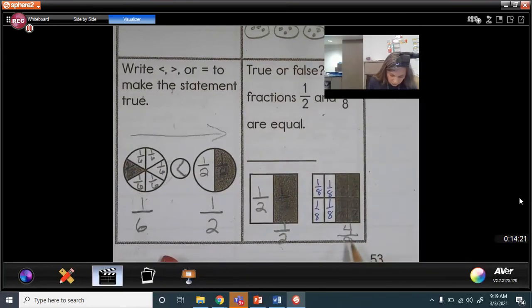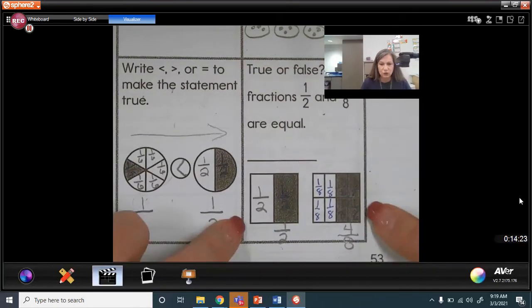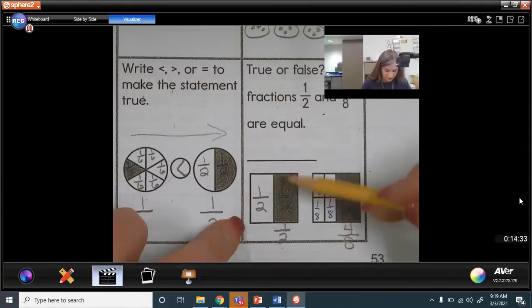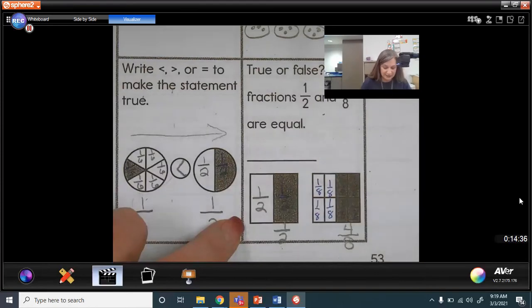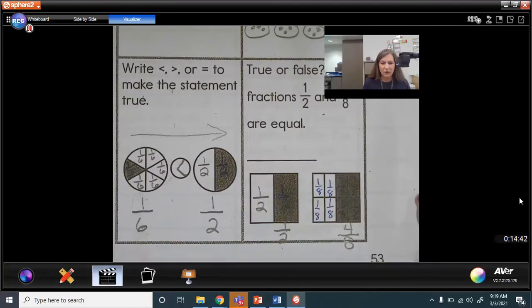Now, if you compare shaded sections of each one of these squares, what do you notice? I'm hoping that you notice that this amount of this square is shaded the same amount as this square. So when we say equal to each other, equivalent, we're talking about the same amount but using a different fraction.